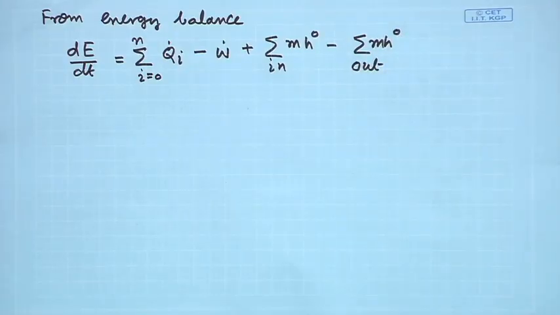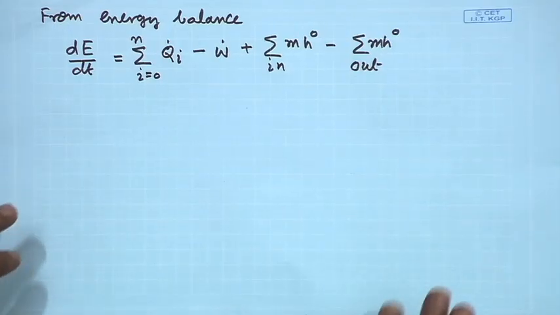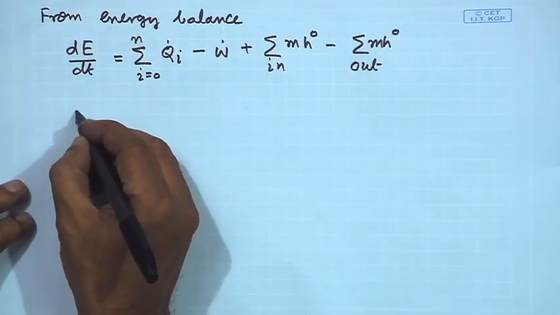This expression needs certain explanation, because this is slightly different from the way we have written the energy balance equation, or first law, for an open system. E denotes the energy within the control volume. So, what could be E?